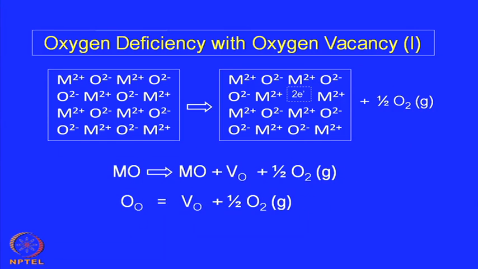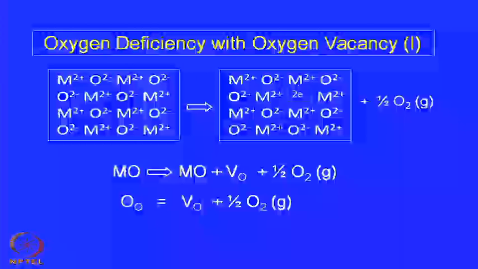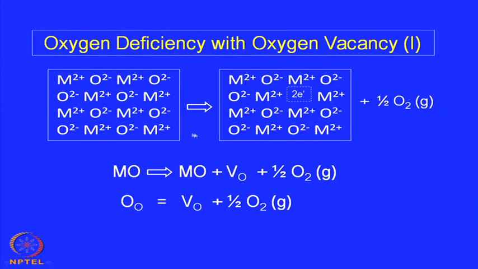Now, we will be giving you some diagrams. We may not be able to explain each and everything in detail. I think they are quite self explanatory. I will consider a few cases, in fact many of the possible cases. For example, we are creating an oxygen vacancy, an oxygen deficiency.